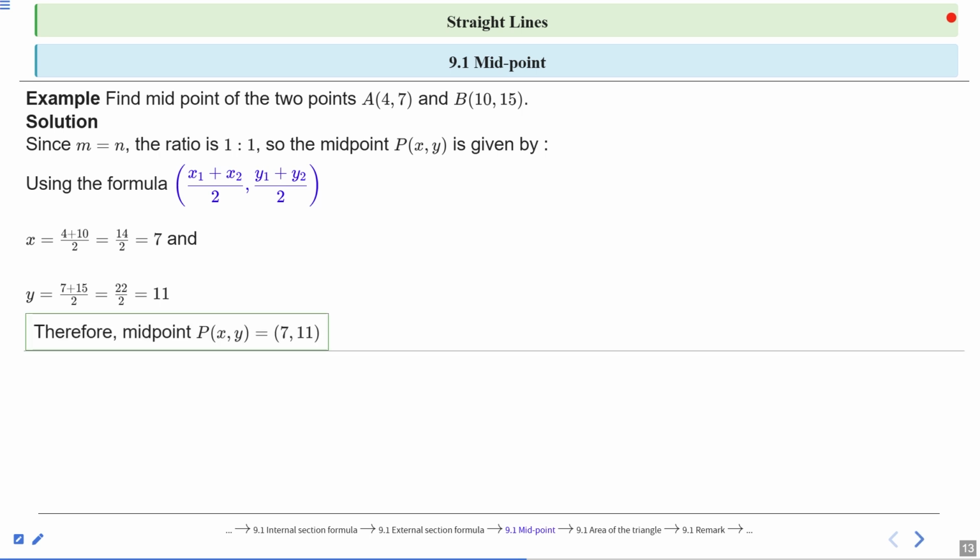Therefore the midpoint P is 7 comma 11. That means the midpoint of the two points A 4,7 and B 10,15 is 7, 11. Clear? I think it is clear to all of you. Now let us move to another concept.